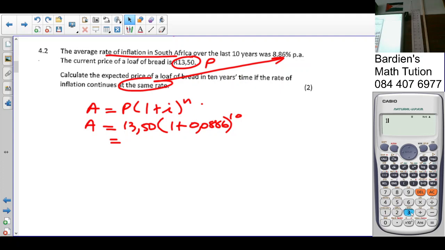That gives you 31 Rand and 55 cents. Okay, are you all okay with that?